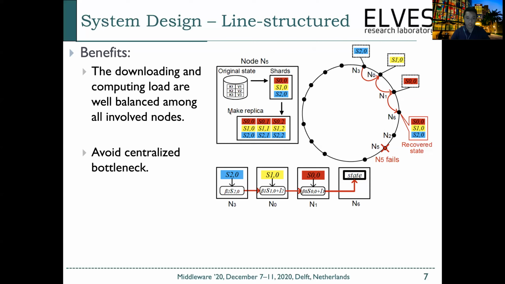So we propose this line structure, and the benefit is that the downloading and computing loads are well balanced among all the involved nodes. By using this recovery mechanism, we can avoid the central bottleneck.